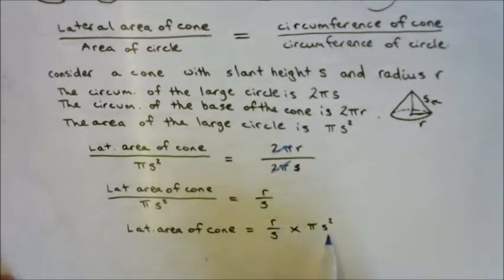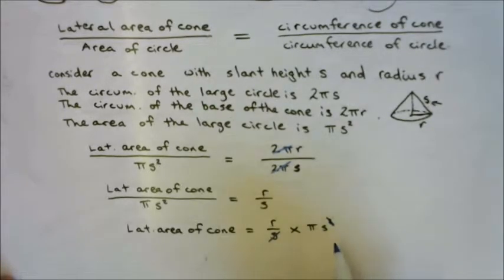Now we have an s squared in the numerator and an s in the denominator, so this s in the denominator cancels out one of the s's in the numerator. Now we only have one factor of s left in the numerator, and we just have 1 in the denominator, and anything divided by 1 is just itself.